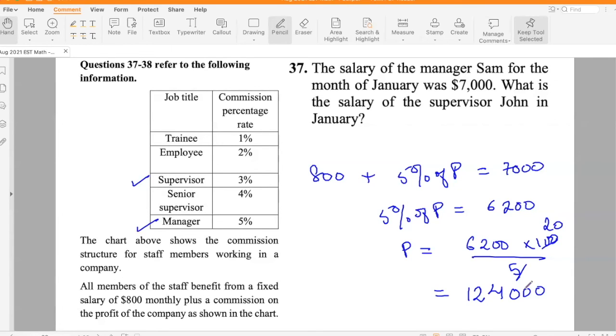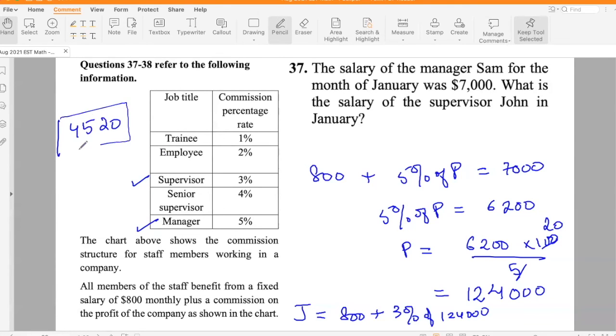So then how much would John earn? John would earn 800 plus 3% of 124,000. So 0.03 into 124,000 is 3,720, and 3,720 plus 800 would be 4,520. So John will earn 4,520.